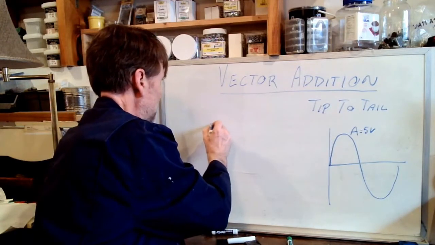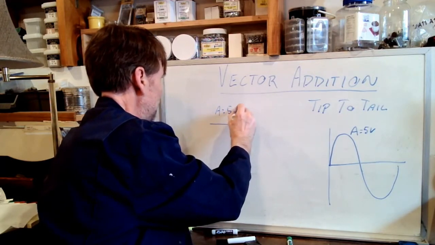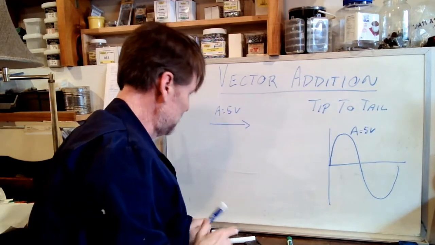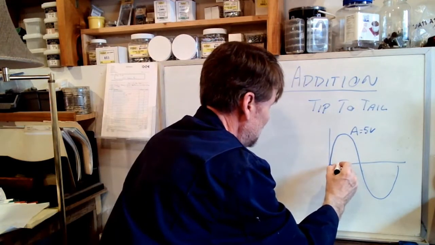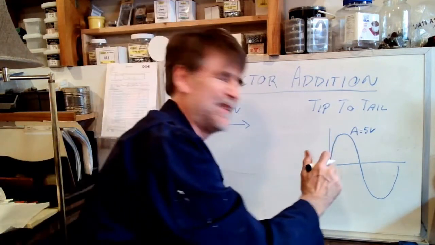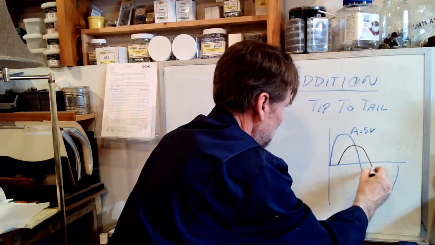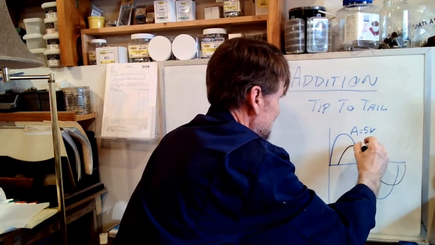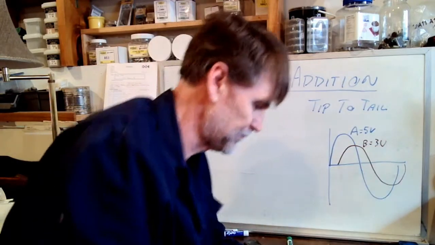So let's draw vector A equals 5 volts. Now let's draw vector B. I'm going to change my value here. It's just going to be tinier. Let's say that's B, and it's 3 volts.